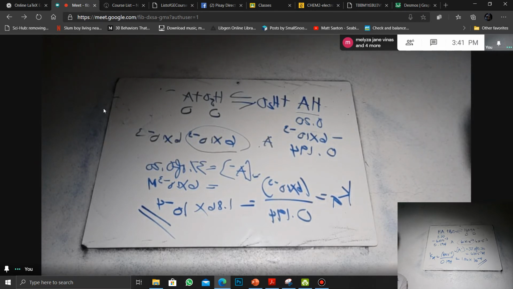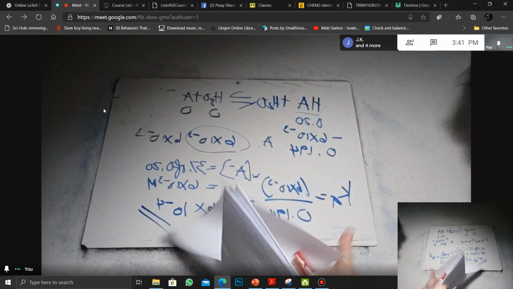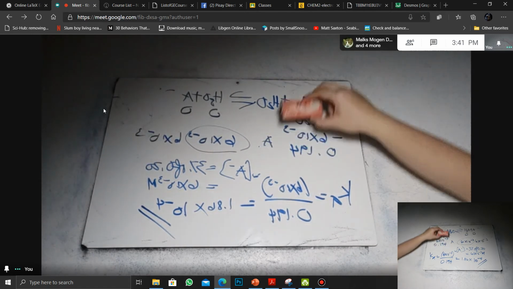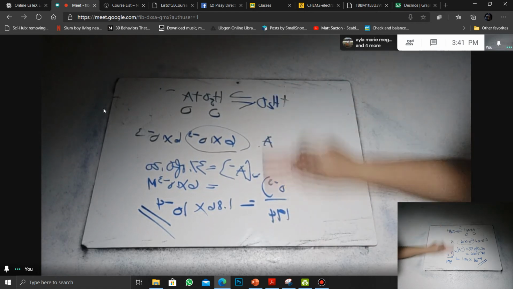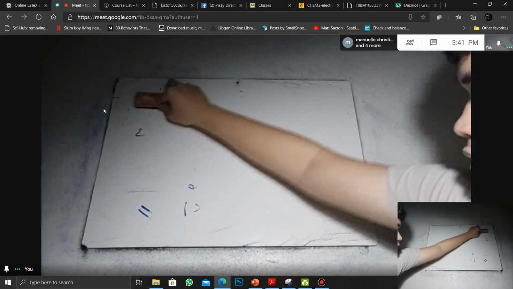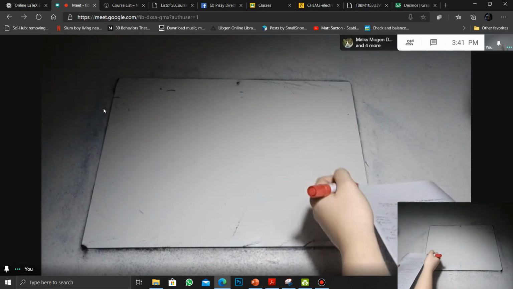Lastly, number 5. Number 5, letter A. Pag may time tayo, papakalculate ko sana sa inyo yung 5B eh. Pero, hindi na, masyadong mahaba. Calculate the following quantities in the dissociation of a diprotic acid, hydrosulfuric acid.